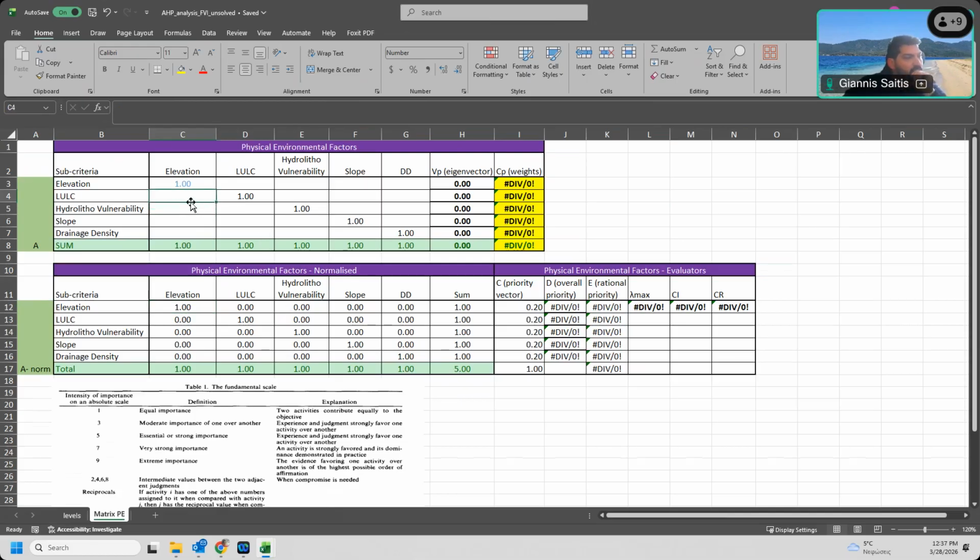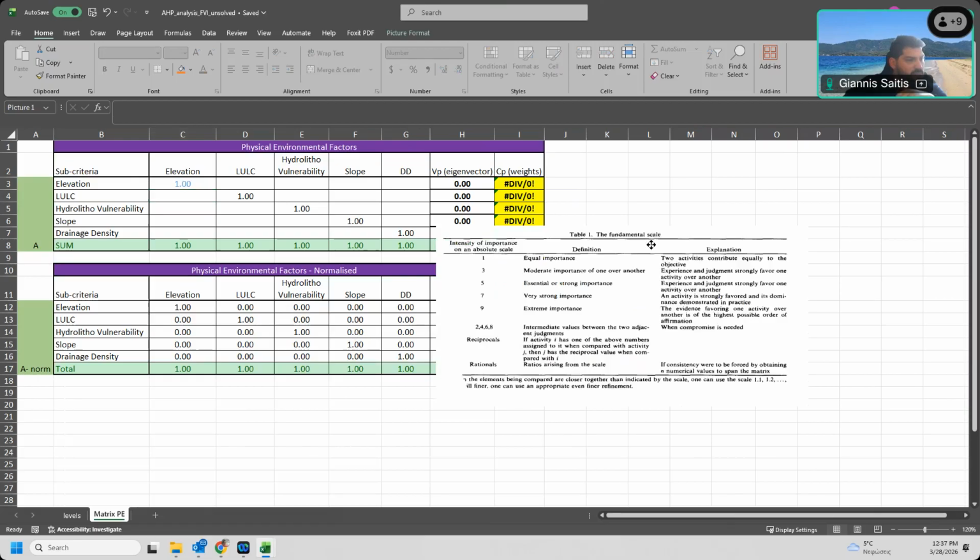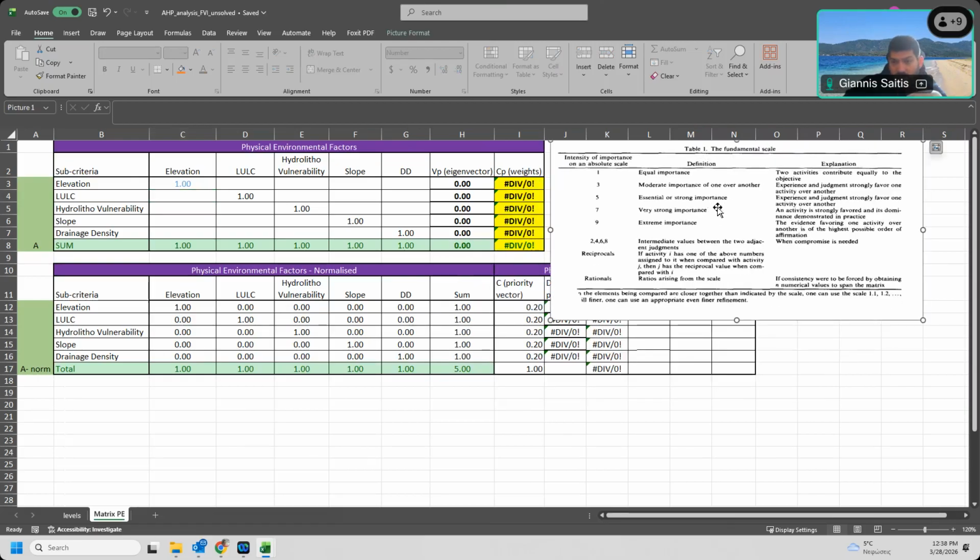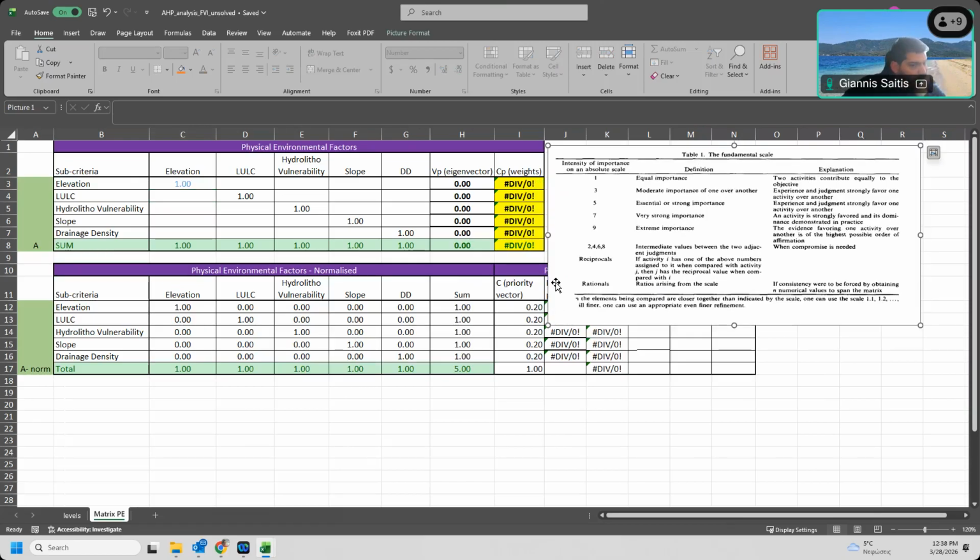Now, the land uses to the elevation. Or we can do it horizontally, whatever you want. The elevation to the elevation is 1. The elevation to the land use land cover: how much important do you think it is? That's why I have this note here. So, what do you expect?